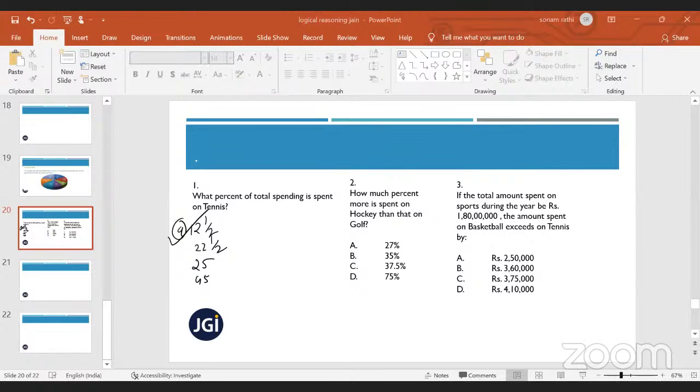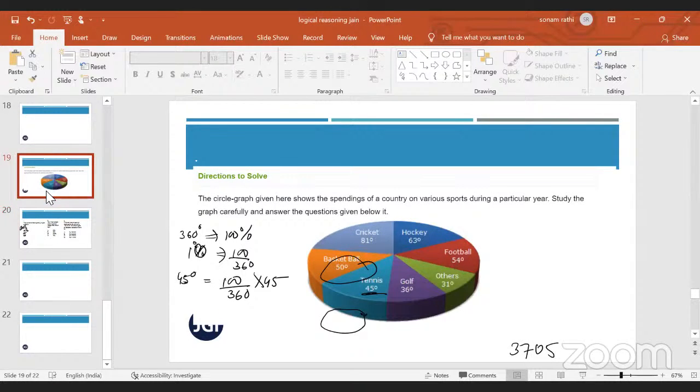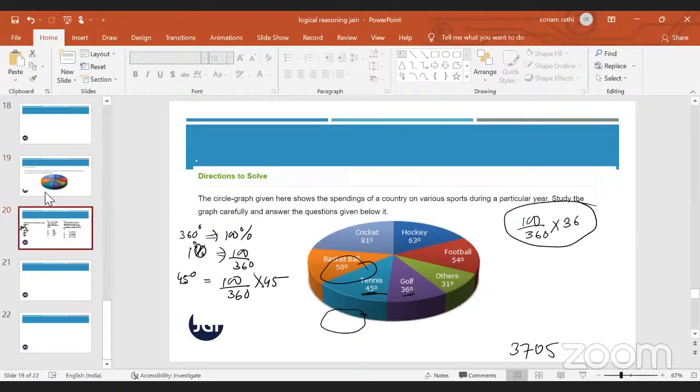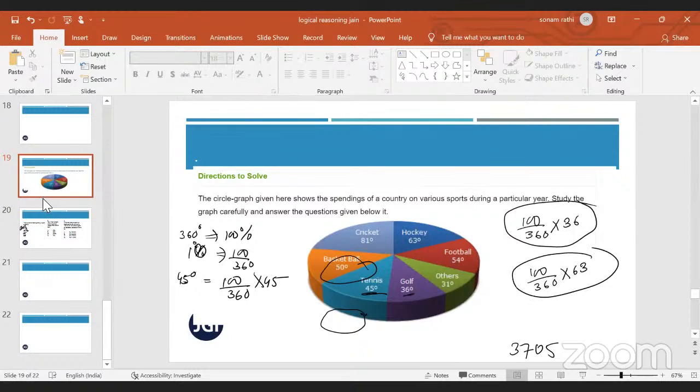Golf is how much? 36. So 100 by 360 into 36. This is golf. And second one, which one? Hockey. So 100 by 360 into 63. Convert.